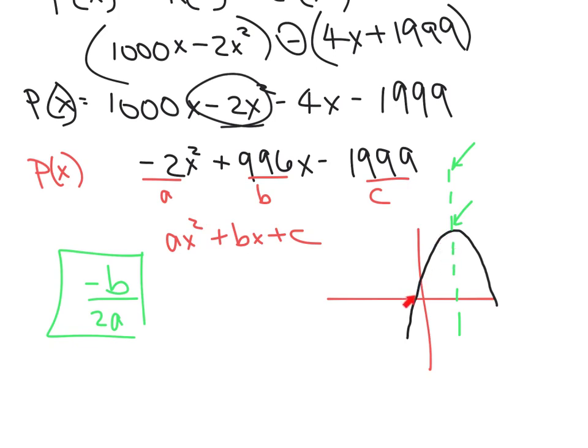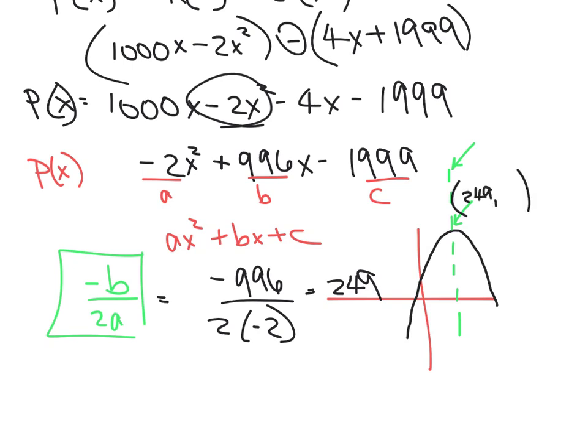So I'm going to find the x. The y is the maximum profit. So using this formula, I end up getting negative 996 over 2 times negative 2, which ends up giving me 249.